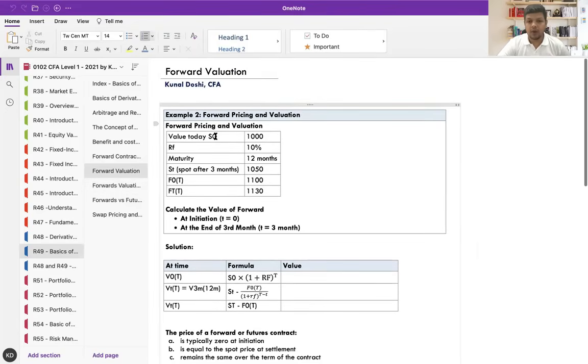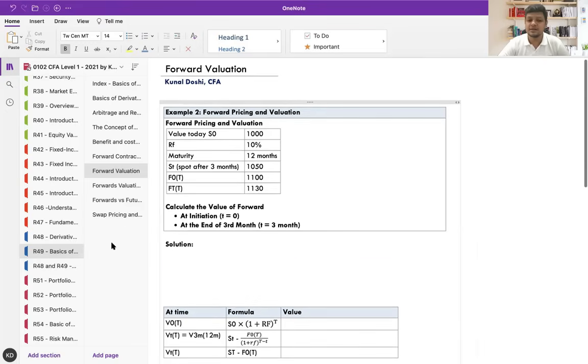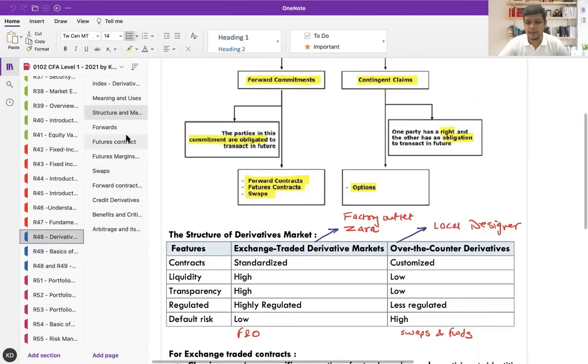So what is the situation here? The value today of the stock is 1000. That is S0. Risk-free rate is 10%. Maturity is 12 months. Spot after 3 months is 1050. F0T is 1100 and on maturity the price is 1130. Do you recollect something from the concept of convergence which I discussed in the previous topic?